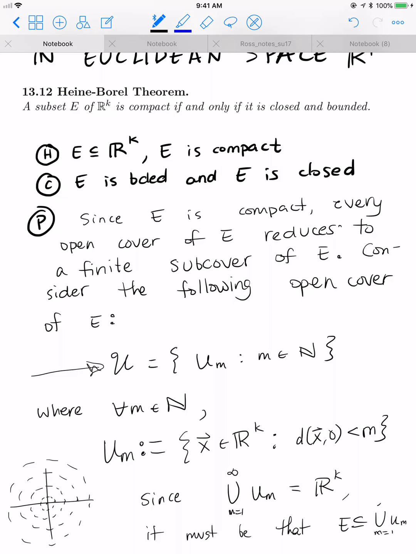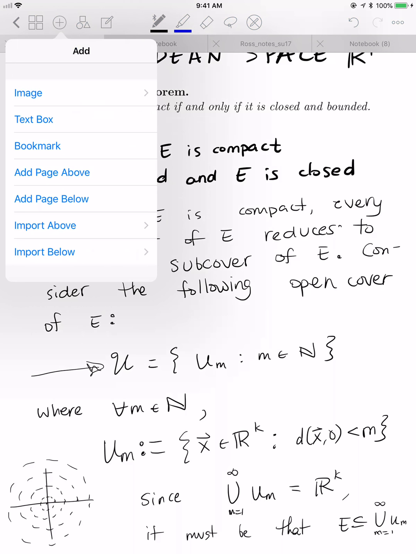Does that make sense? Let me add a page below. Okay, so script U is an open cover of E.